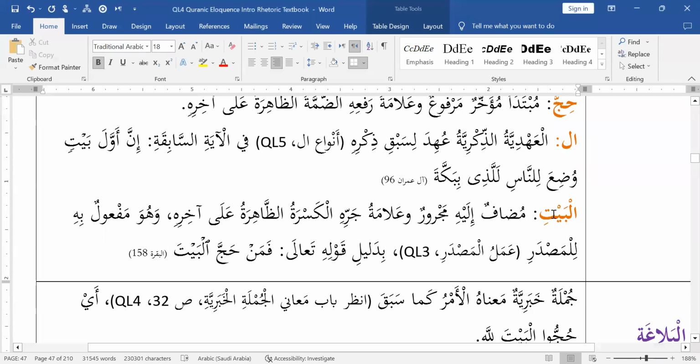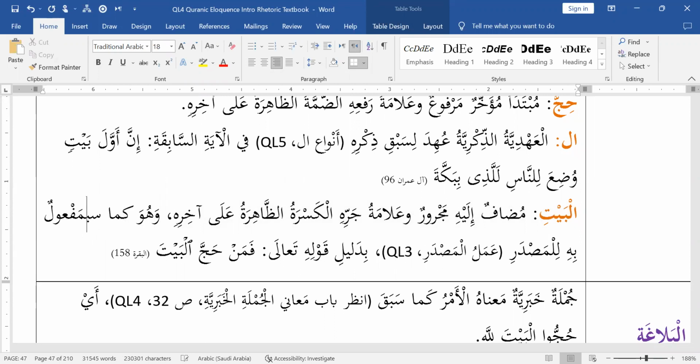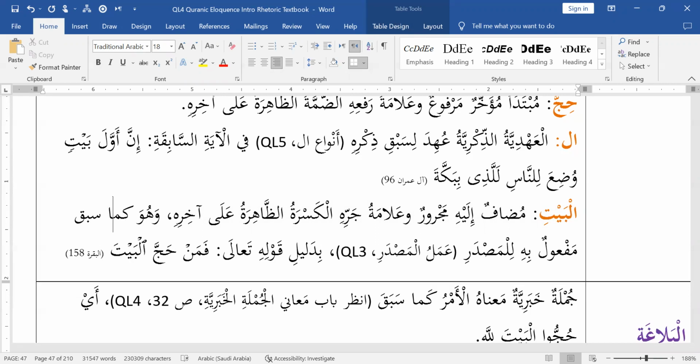And finally, we have al-bayti, which is mudafun ilayhi majroor, standard Arabic grammar that you can get in any introductory Arabic grammar book. وعلامة جره الكسرة الظاهرة على آخره. Standard stuff. مضاف إليه مجرور. وهو, and as we have stated before, كما سبق, as preceded.